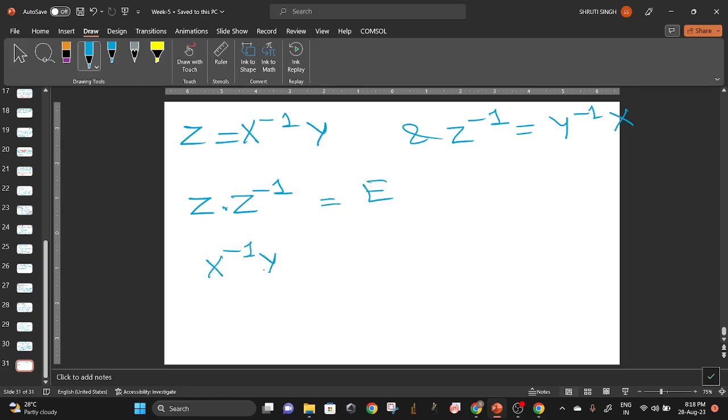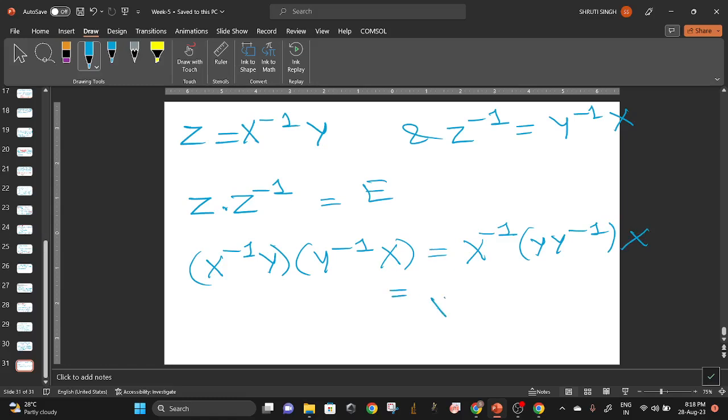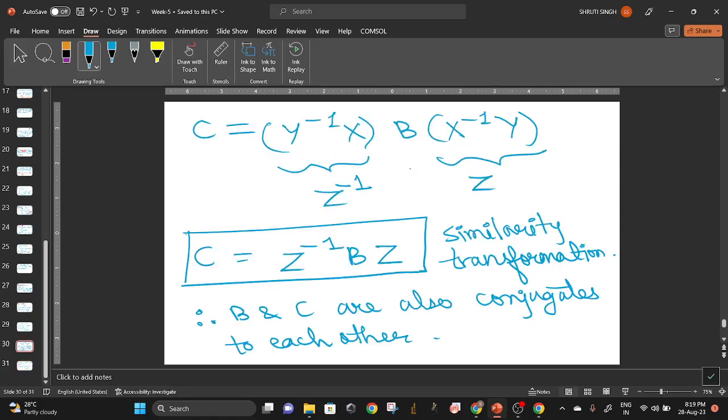So let's check. Okay, so these two are inverses of each other. So we can write z inverse b z.